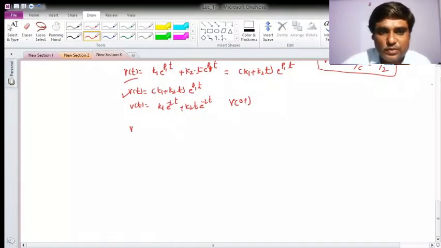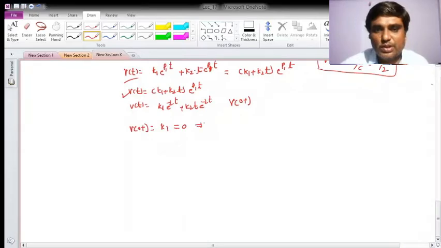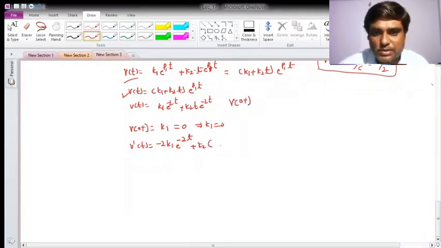Okay. So V of 0 plus will be here K1, right, which is 0. So I know now K1 is 0. Now to get K2, I will differentiate it. V dash of t is equal to minus 2K1 e raised to minus 2t plus, first function into derivative of second, so minus 2t e raised to minus 2t plus e raised to minus 2t, and let us evaluate at t is equal to 0 plus.